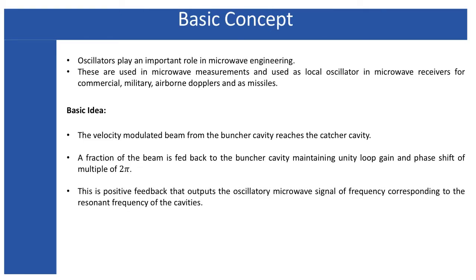We know that oscillators play an important role in signal generation, but at microwave frequencies, in addition to signal generation, oscillators are used in microwave measurements and as a local oscillator in microwave receivers for commercial, military, airborne Doppler, and for missiles also. Now, the basic idea behind an oscillator is positive feedback.